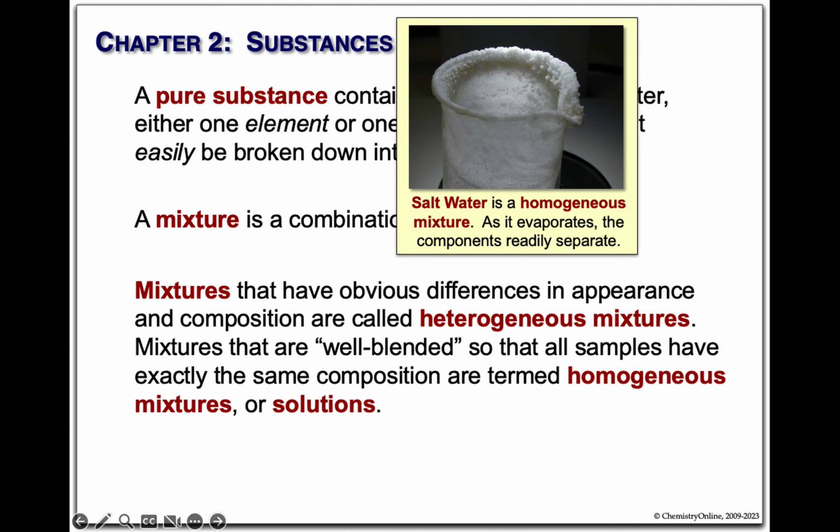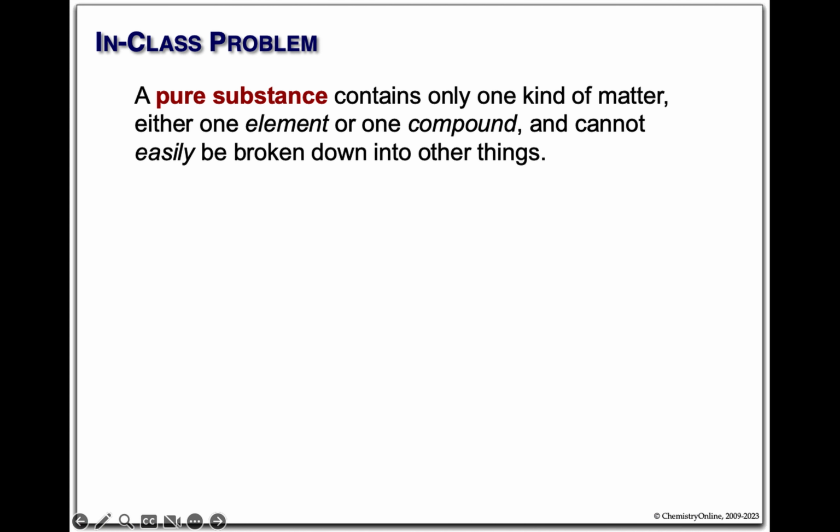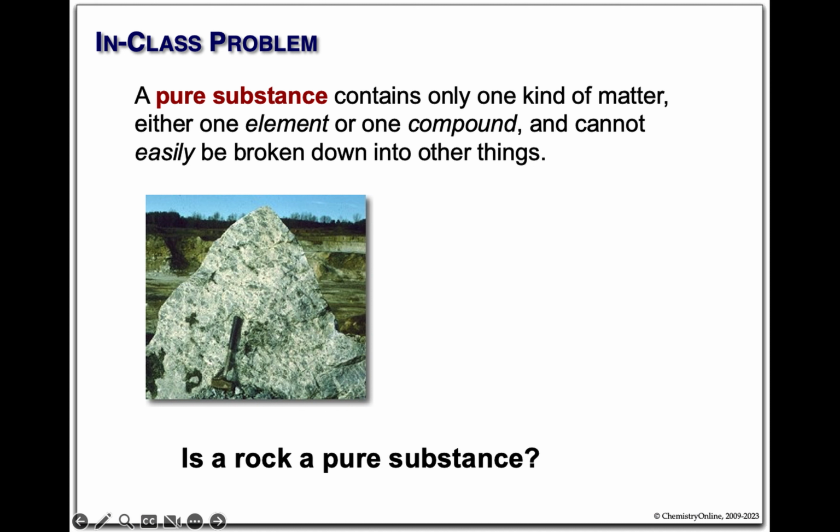Let's do a couple silly ones here. This is a rock. Is a rock a pure substance? Well, you could say it's pure rock. But if we take a little chip of this and then cut a very thin section, put it under a microscope, we see something like this.